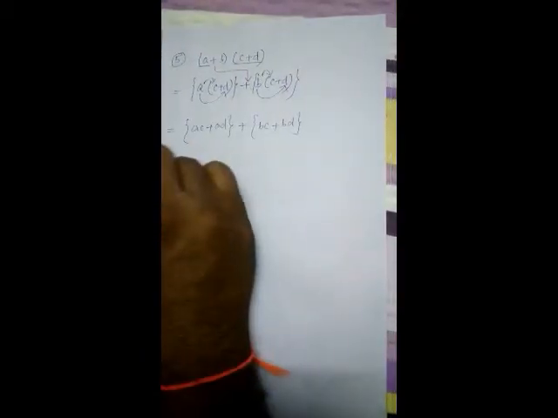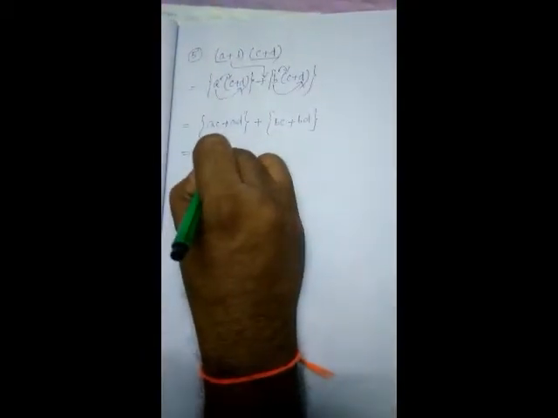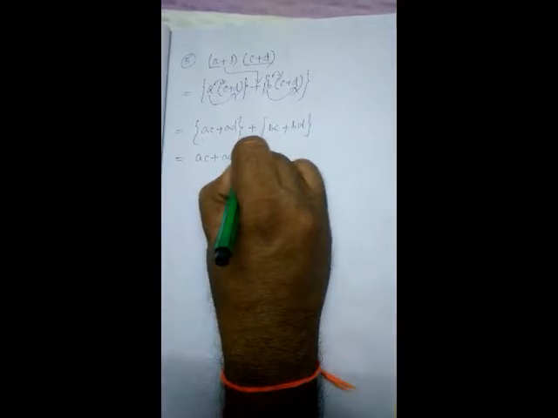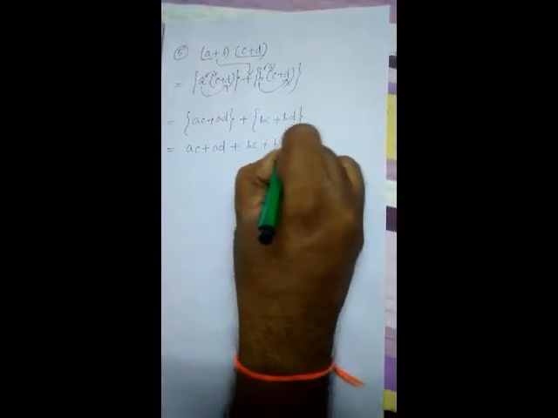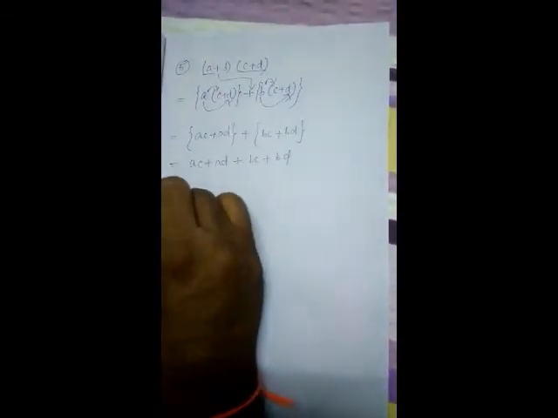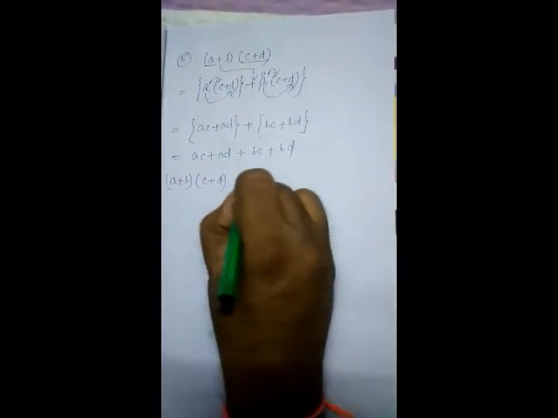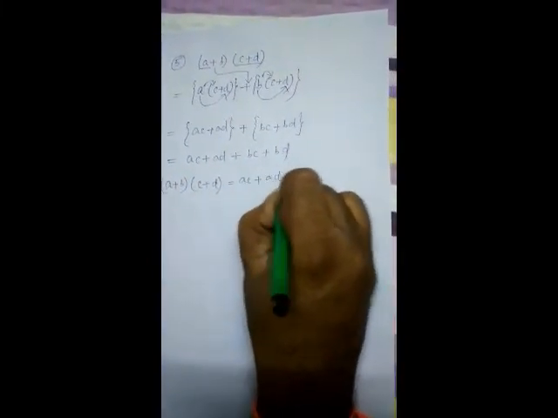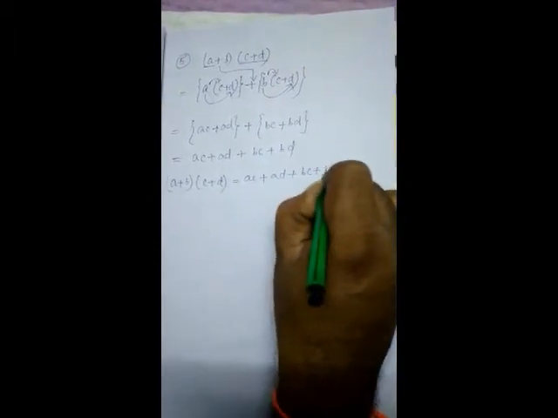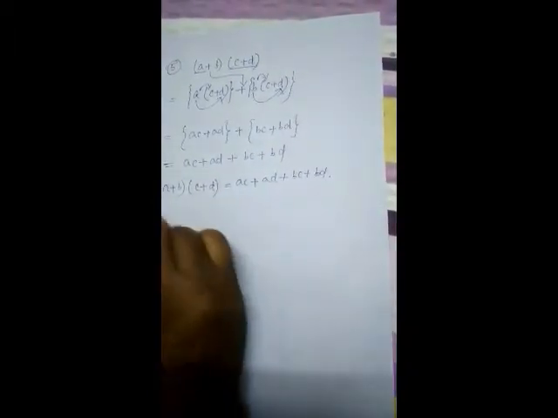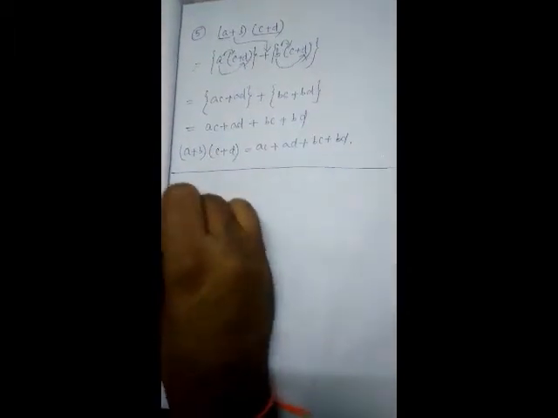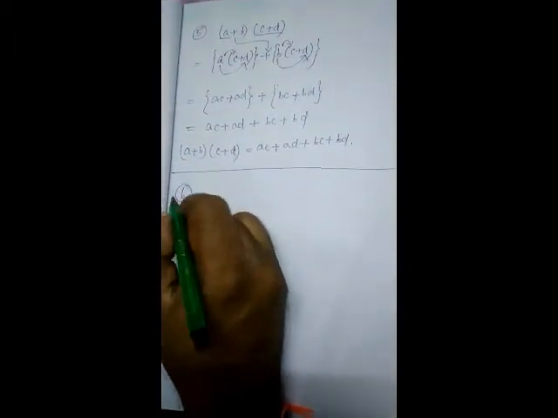AC plus AD plus BC plus BD. Now break the brackets. Finally, this is not a special product, normal product only. AC plus AD plus BC plus BD. This is the fifth question. Now we'll discuss some more examples, then only you'll get a clear idea about this concept.